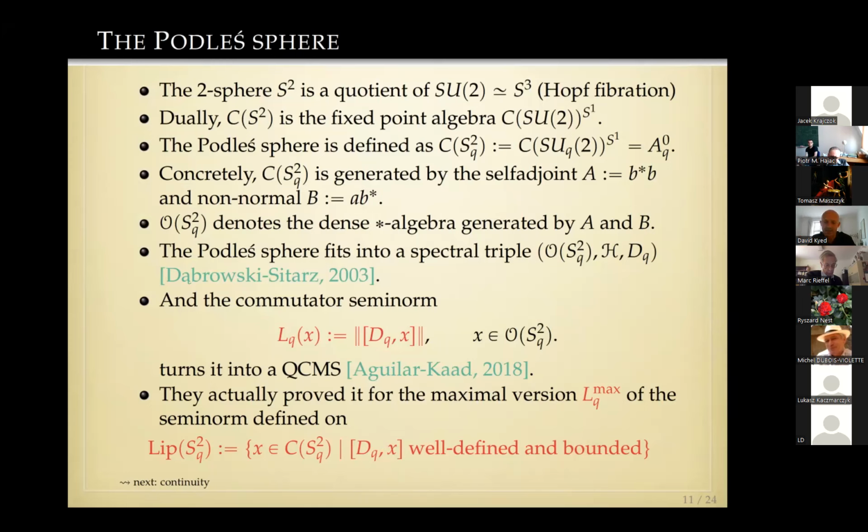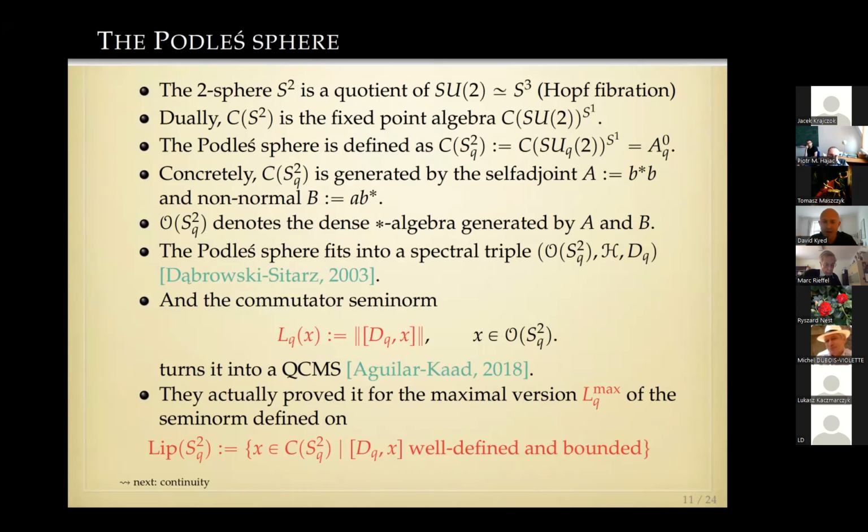You see that this is a harder problem than proving it for the other one, because I told you that Rieffel's criterion says something about pre-compactness of the unit ball. And if you increase the domain of your semi-norm, you increase its unit ball, and it becomes harder to prove that this projects onto something compact. So this is what they proved, and this was the state of the art in 2018.